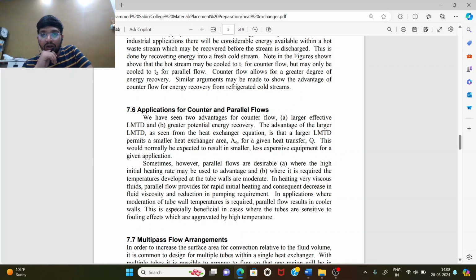You can say that energy recovery is much higher compared to the parallel flow design. So as a practitioner, we have to use the counter flow heat exchanger design.